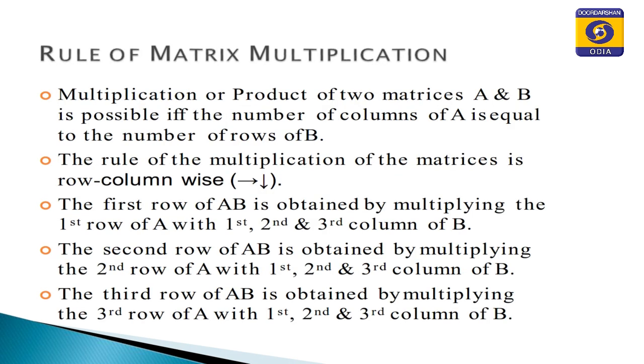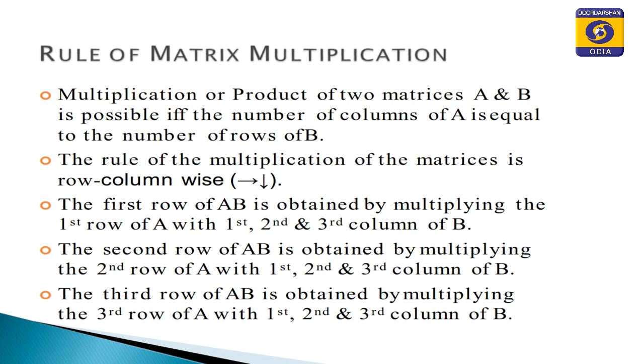Next are the rules of matrix multiplication. Matrix multiplication is possible whenever, as I have already told, the columns of the first matrix equal the rows of the second matrix. The multiplication is row by column.